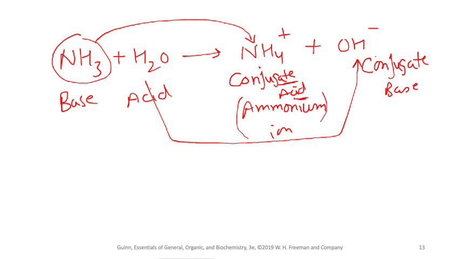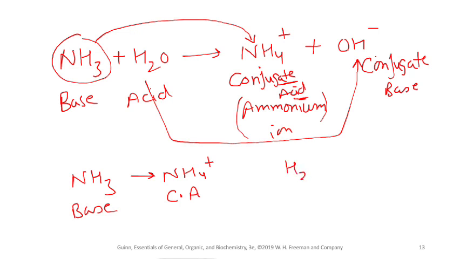So you have a pair: ammonia and NH4 plus from this reaction. This is a base, and this is its conjugate acid, CA. And water converting into a hydroxide ion during this reaction: it was behaving as an acid, but after the reaction it behaves as a conjugate base, CB.